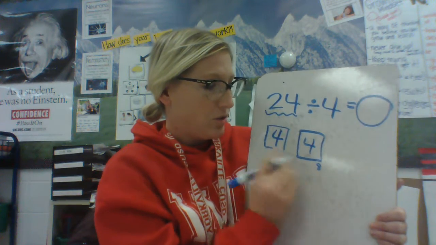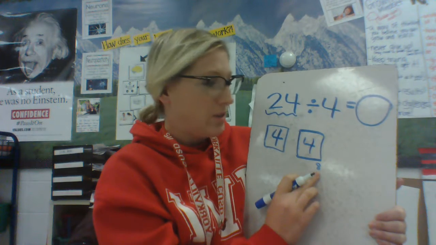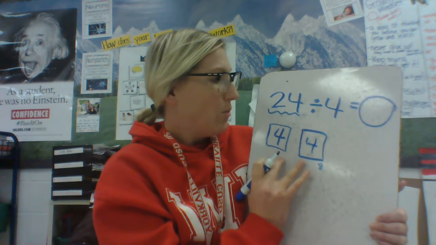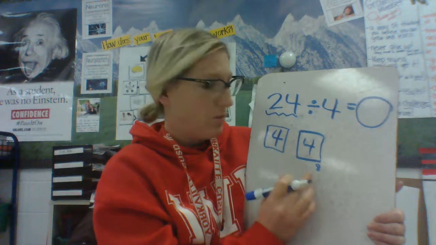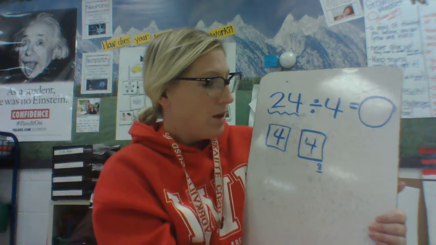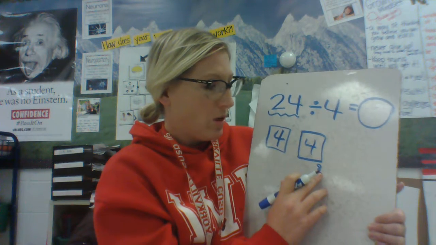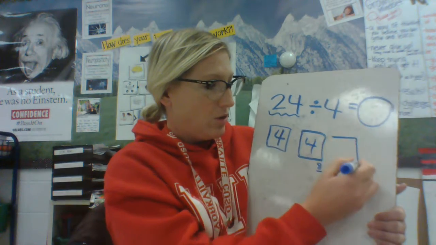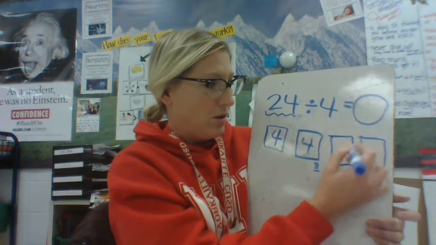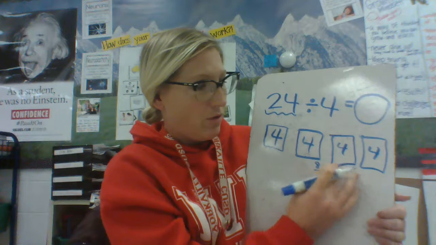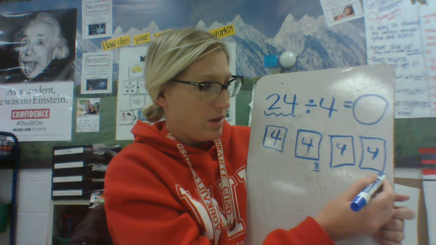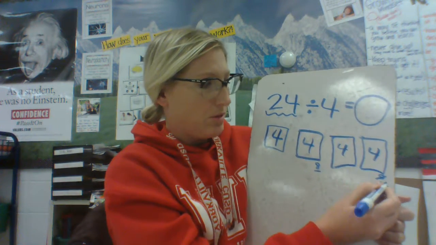Now I have my students write, where are we at? With those 2 groups, we have 8. Some students will see, well, I have enough room to do 2 more groups of 4, which is another 8, which then equals 8 plus 8 equals 16.